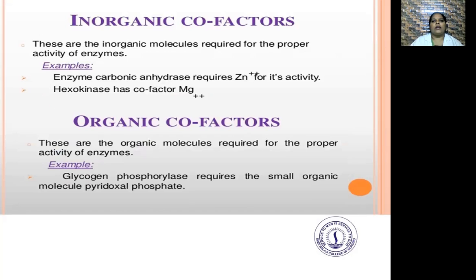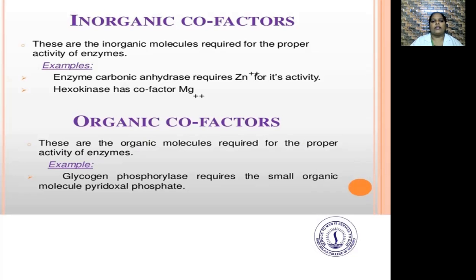First is inorganic cofactors. These are the inorganic molecules required for the proper activity of enzymes. For example, the enzyme carbonic anhydrase requires zinc, and hexokinase requires magnesium as a cofactor.